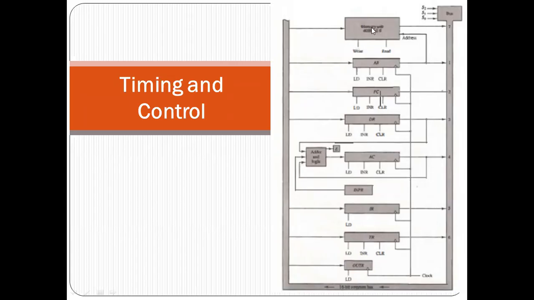So to read an instruction or a 16-bit piece of information from your memory unit, whether it is an instruction or data, you can read only via AR. AR holds the address of the word available in your memory unit.